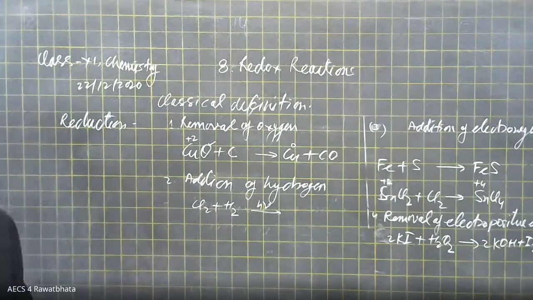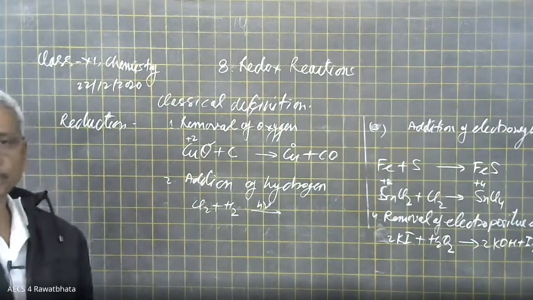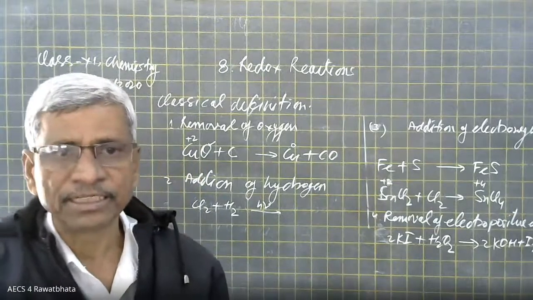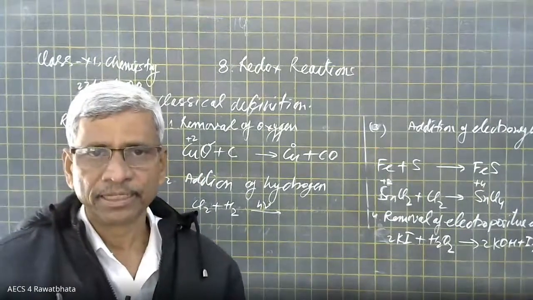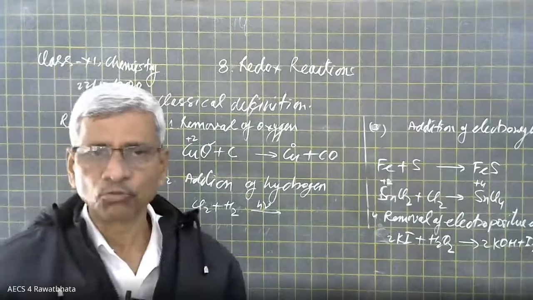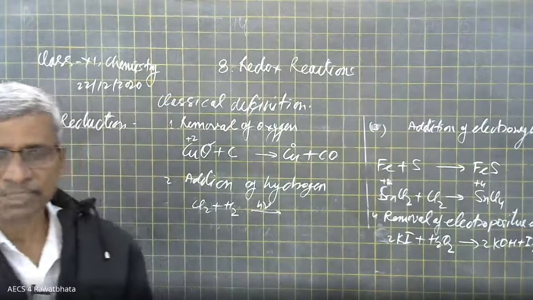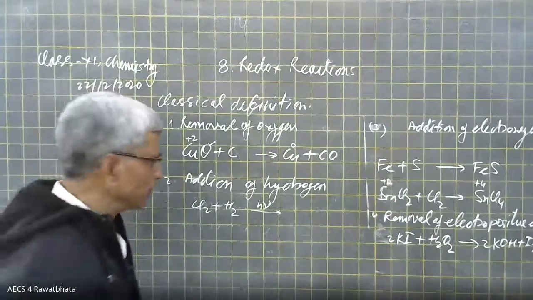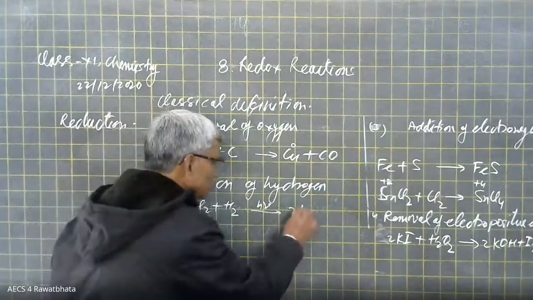This is called a photochemical reaction. If we take hydrogen gas and chlorine gas in one container and keep the container in the dark, where no light is falling on it, no reaction will take place. There is no formation of hydrogen chloride. If the same container is kept in sunlight, the reaction starts at a suitable rate and forms 2HCl.